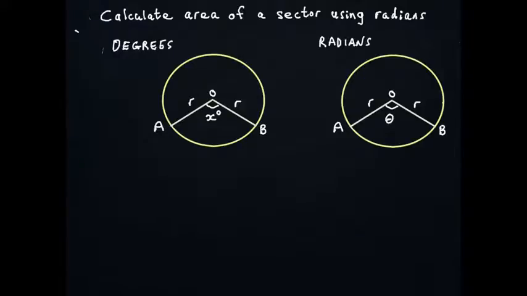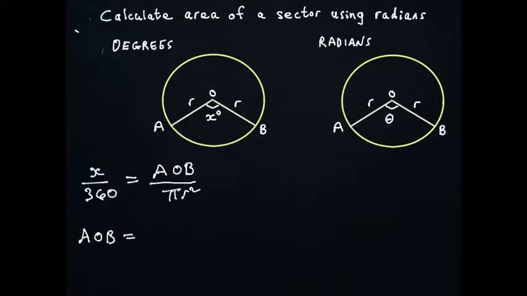Thus, if we work in degrees, we have the equivalent fractions x over 360 is going to be equal to the area of the sector AOB divided by pi r squared. Therefore, the area of the sector AOB is going to be equal to x over 360 times pi r squared.